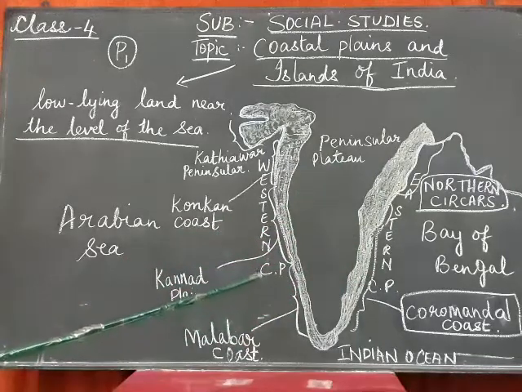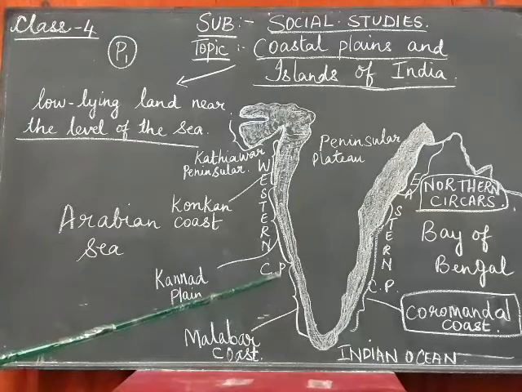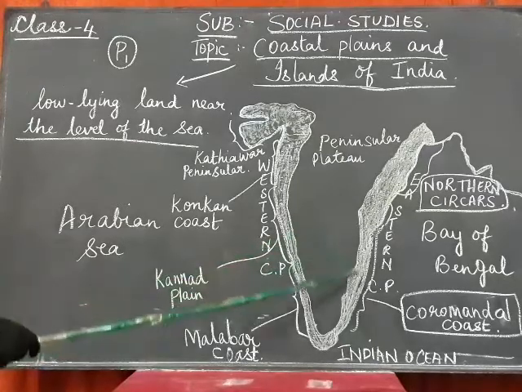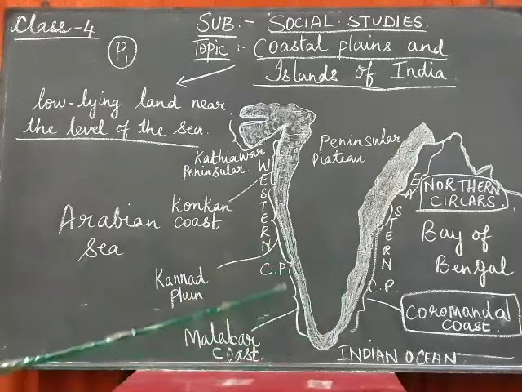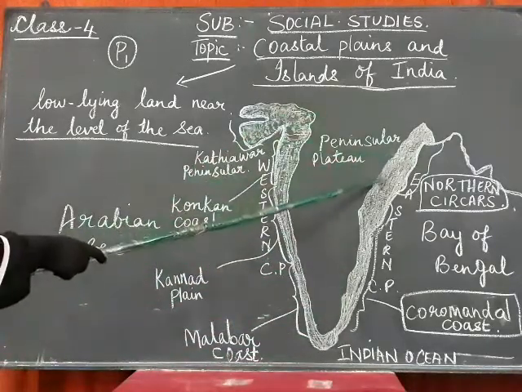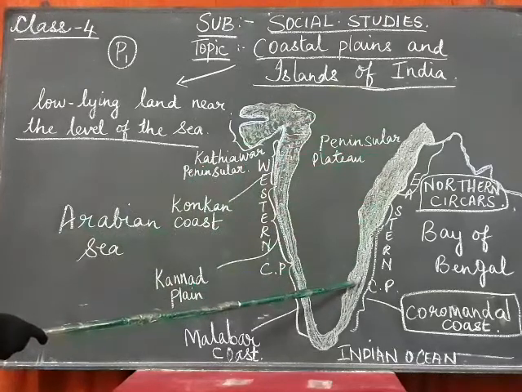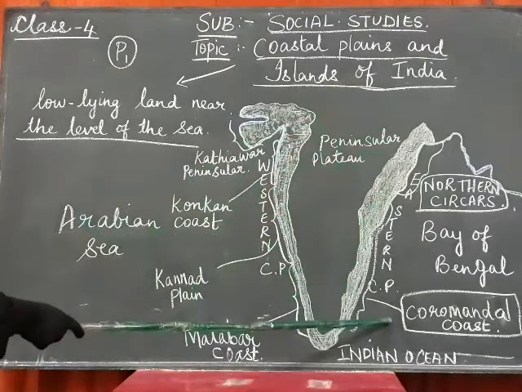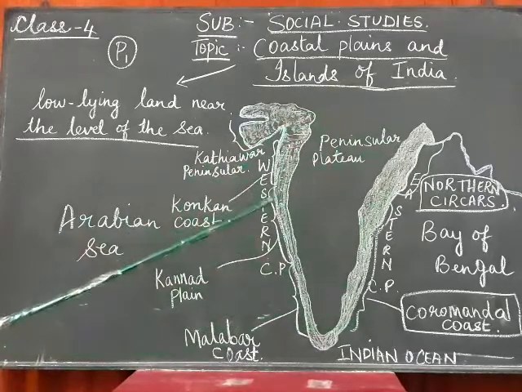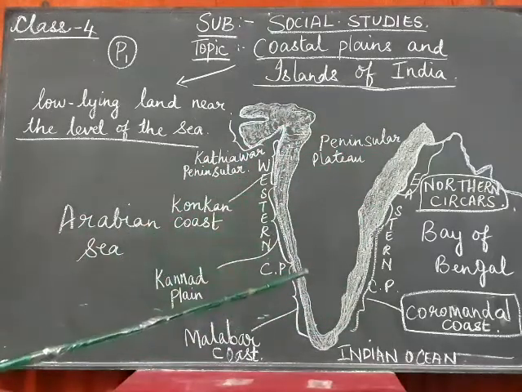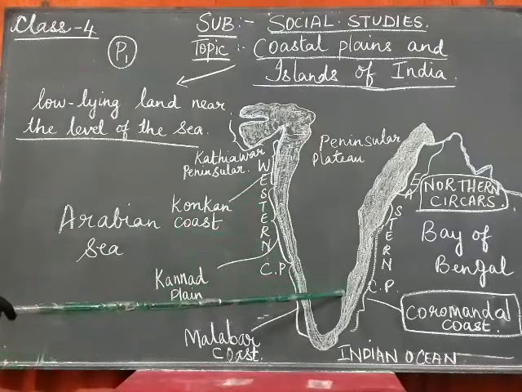The northern parts of the eastern coastal plains are the Northern Sarkars, and the Coromandel coast is the southern part of the eastern coastal plains. So the Northern Sarkars are the northern part, and the southern part is called what? Coromandel coast. Now important towns found here are Chennai, Paradip and Vishakhapatnam.